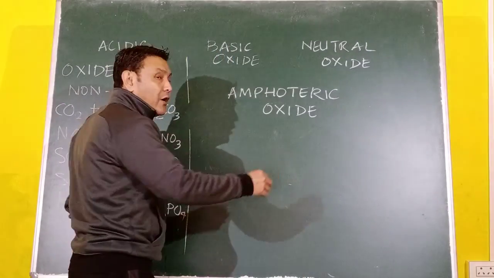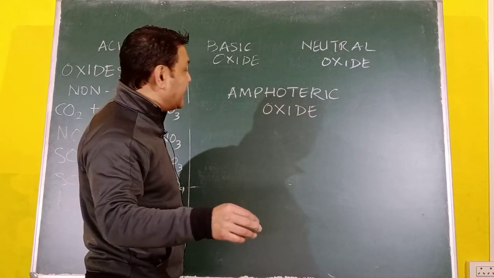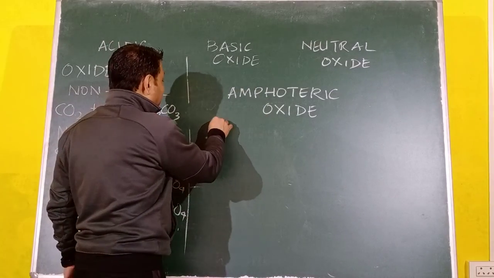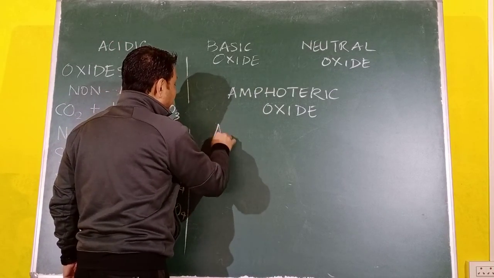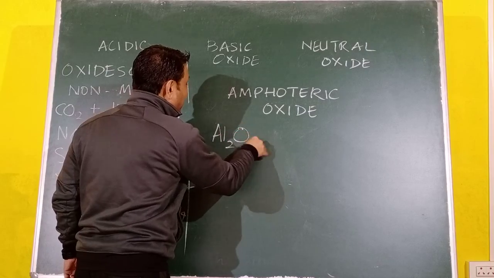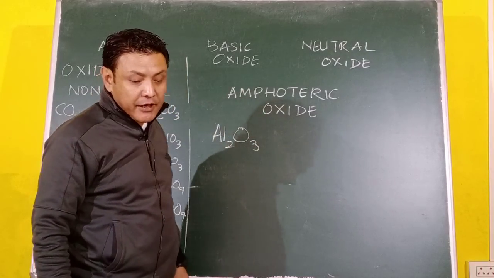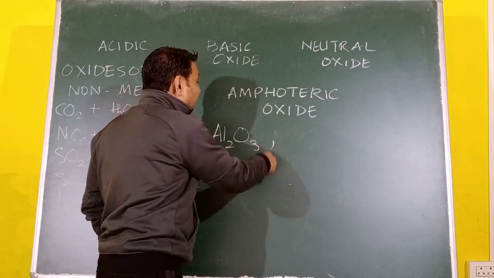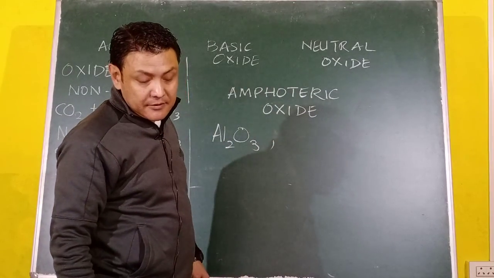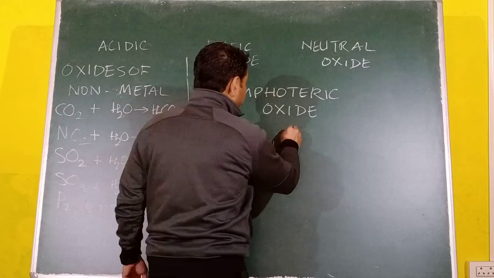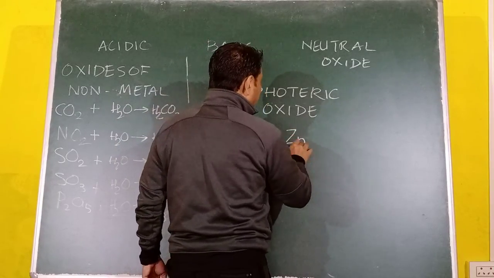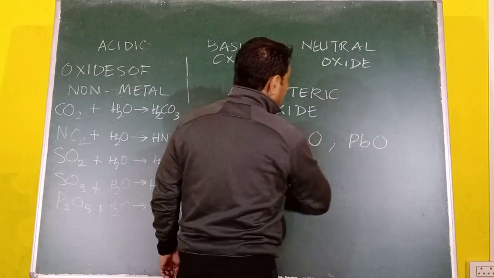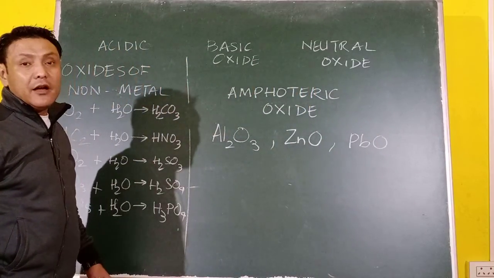We will not talk about it in detail, just remember, it's very important to remember the names. The formulae I'll tell you. Aluminium oxide is amphoteric in nature, Al2O3. Zinc oxide, not manganese, it is zinc oxide, and lead oxide. These are amphoteric oxides.